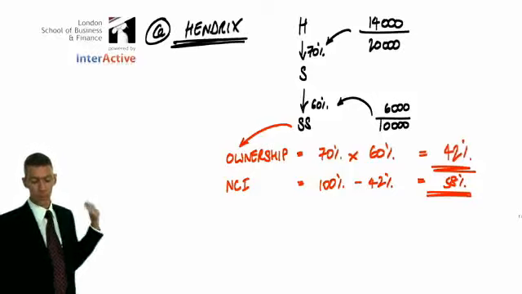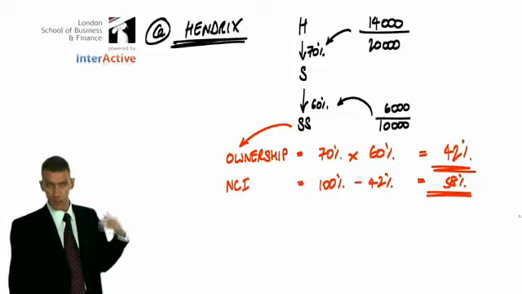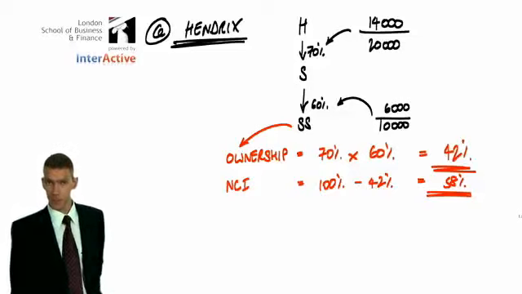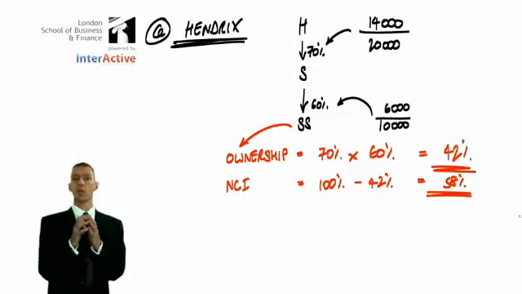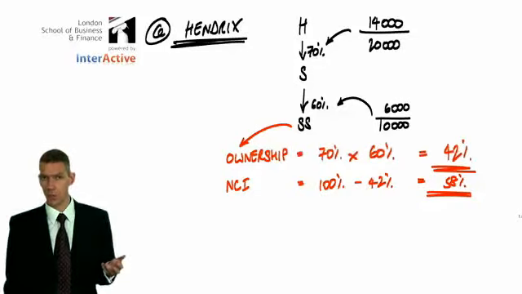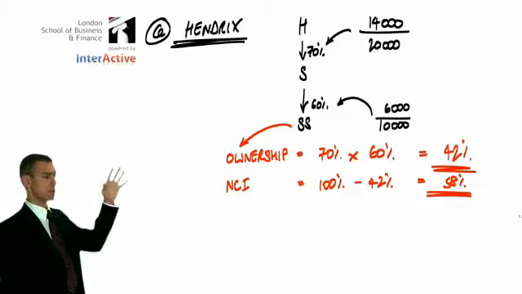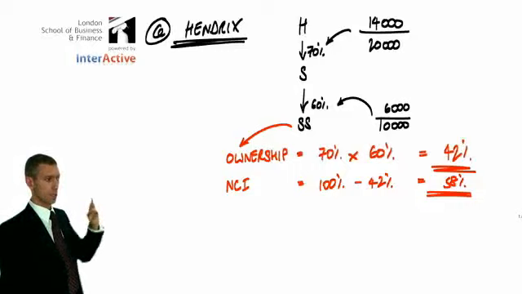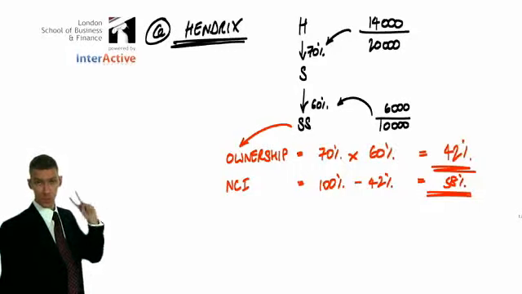So if our ownership in the mid sub is 70%, our NCI in the mid sub is 30%. Because there are two entities over which we have absolute control but partial ownership, there are two NCI. The NCI in the mid sub is 30% and the NCI in the lower sub is 58%.